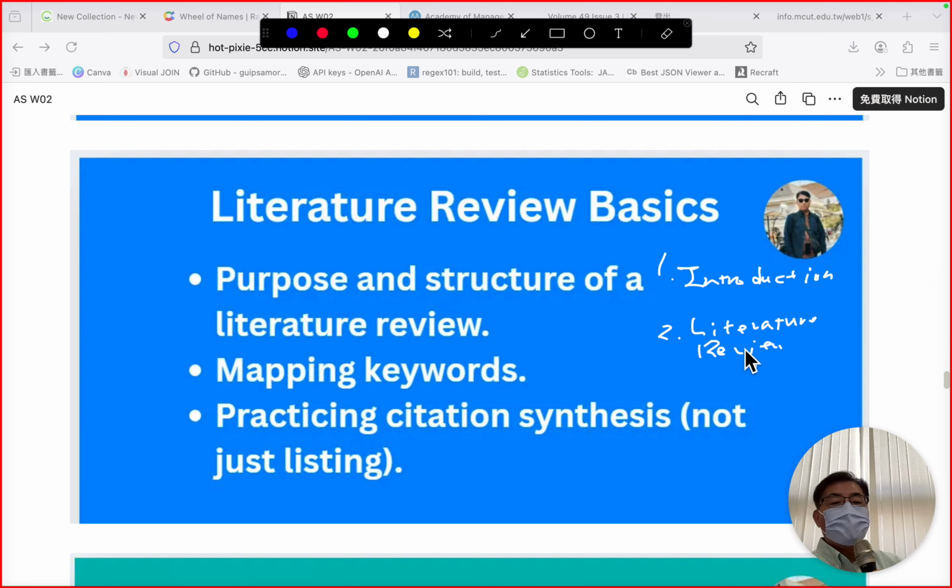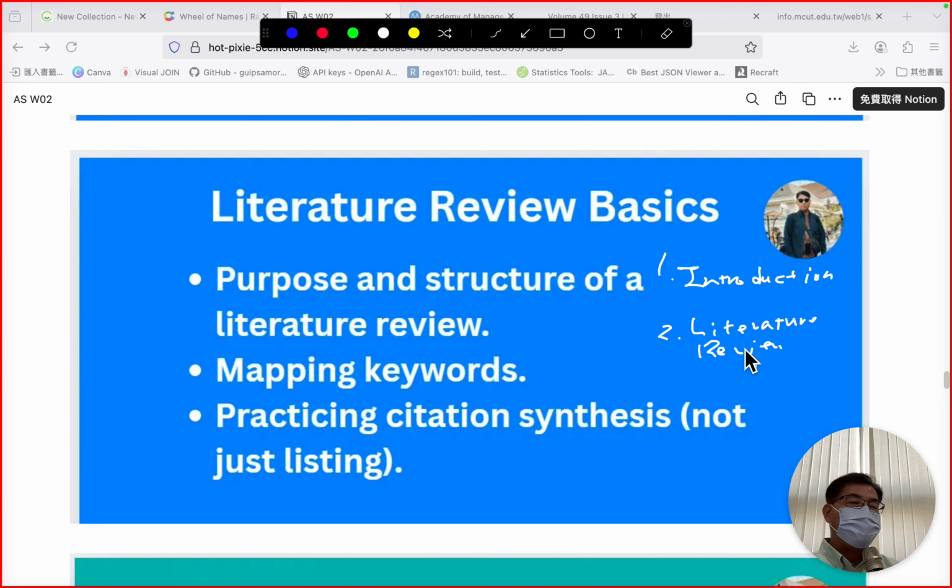But in the literature review section, section 2, what will we do? What kind of text would we like to show in the second section? The theoretical summaries that we want to use in the article. Or theoretical summary. Okay, summary. Maybe it also includes the research model. From the theory, maybe we can develop the research model, right?